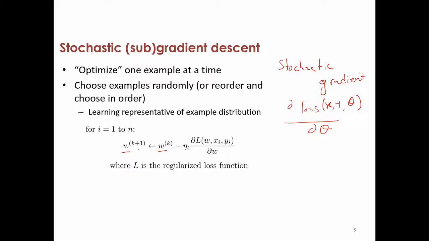Now what happens in practice in the case of machine learning? So this is the general stochastic gradient descent. In the case of machine learning, this is very appropriate because we know that our data points xi and yi are random samples of the data. So we can just construct the gradient by evaluating the gradient of the loss function at a given data point.